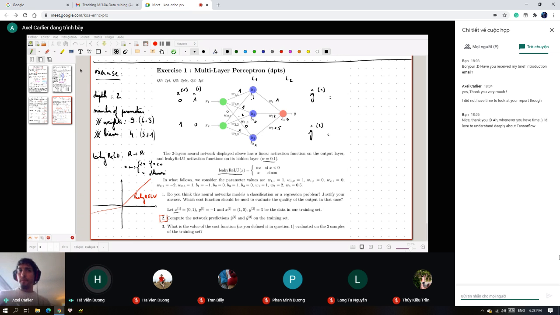Yes. But I'm not sure about the function. The function in this case means ReLU. So yes, in this case, for H1, H2, and H3, the function is leaky ReLU, and for y hat, it will be linear.